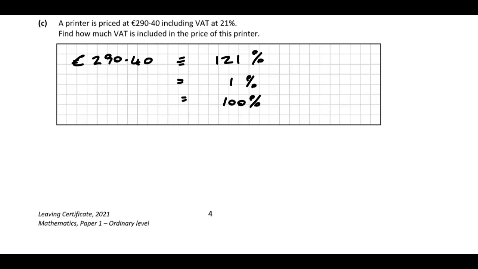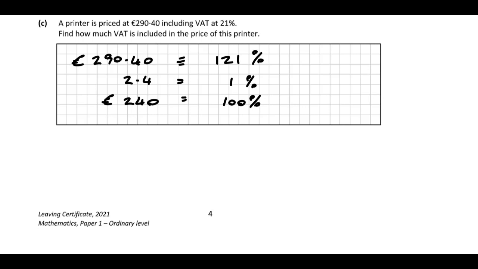So to go from 121% down to 1%, we divide by 121. So take the 290.4, divide it by 121, and you will get 2.4. Multiply that by 100 and you get €240.